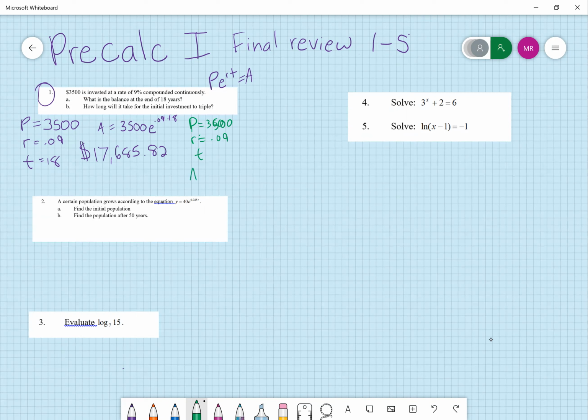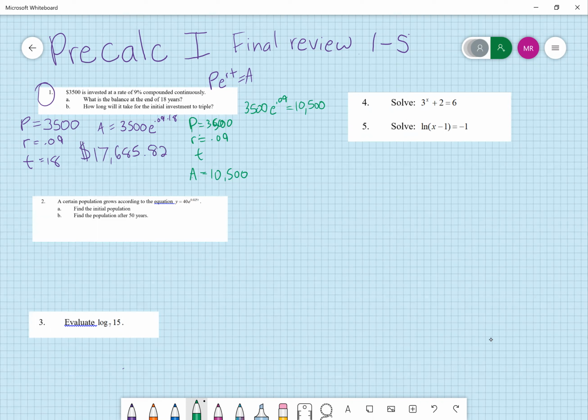But my amount, my leftover, is triple of 3,500, and that comes out to be 10,500. So let's set up my formula. I get 3,500 times e to the 0.09 T equals 10,500. Okay, so what do I do from here?